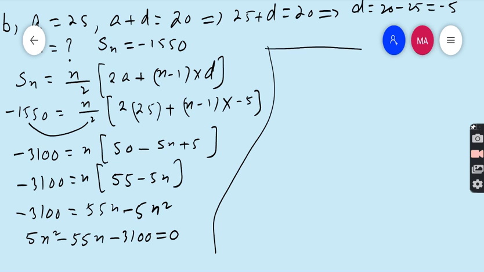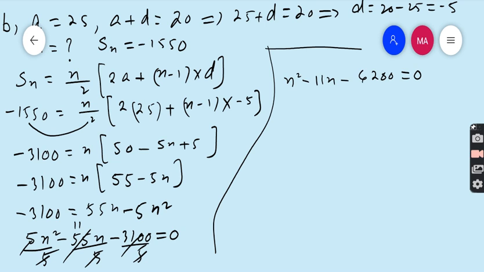Now this is a quadratic equation, but if you simplify it before solving, it will be comfortable. If you divide the whole equation by 5, we get n square, 5 elevens are 55 so minus 11n, and 5 times 620 is 3100.